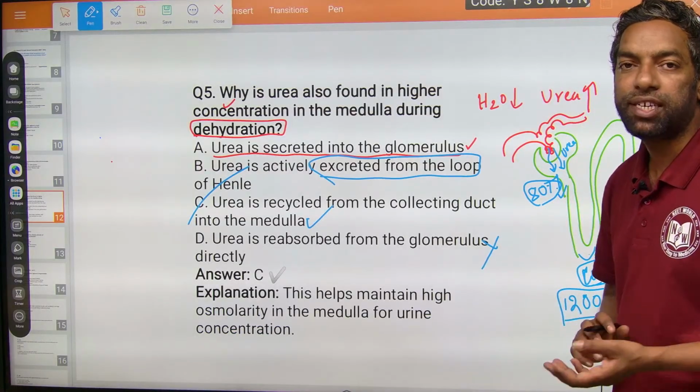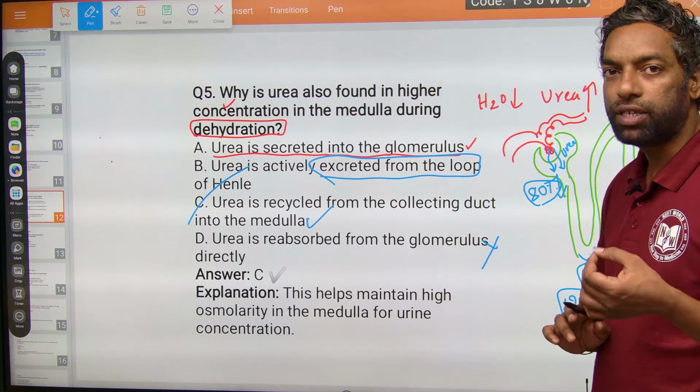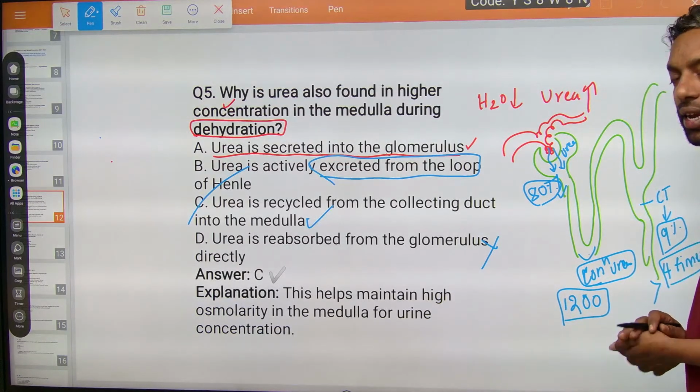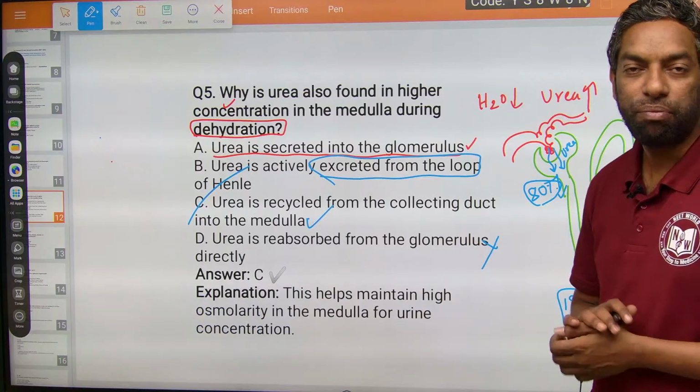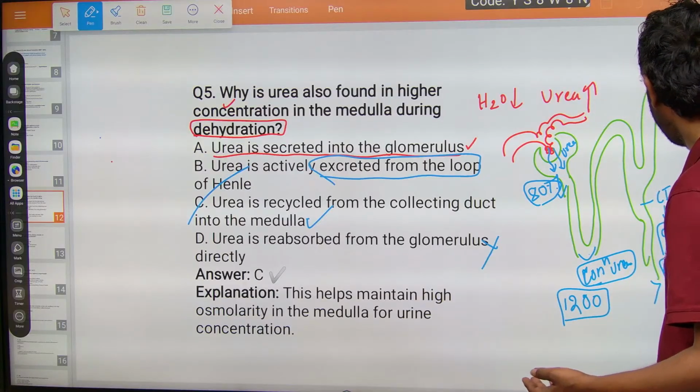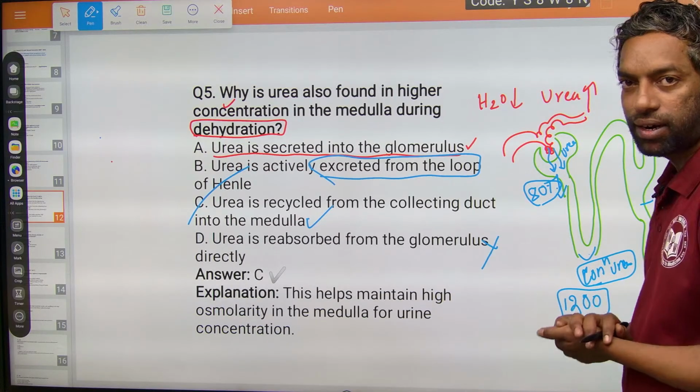In the PCT the urea concentration is lower than in the collecting duct. The collecting duct is more concentrated because it can recycle more times in the collecting duct itself.